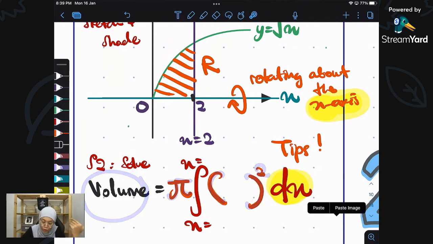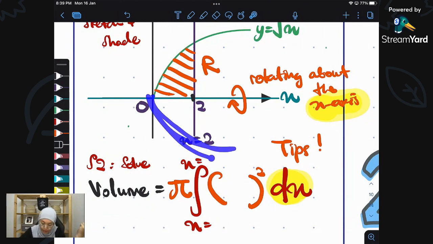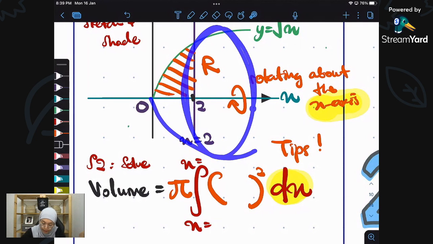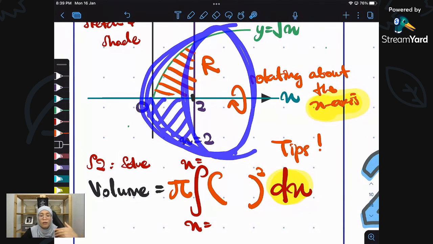Because as I drew for you all just now, tadi kan saya lukis the 3D shape where I show you that there is a circle there, isn't it? So 3D shape ini menunjukkan pada you all bahawa kita sedang buat 3D shapes. 3D shape mesti ada circle.